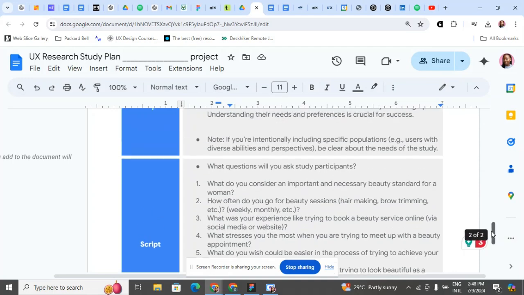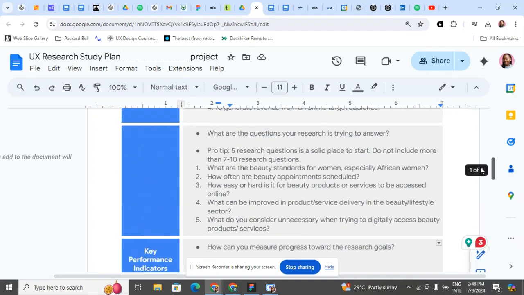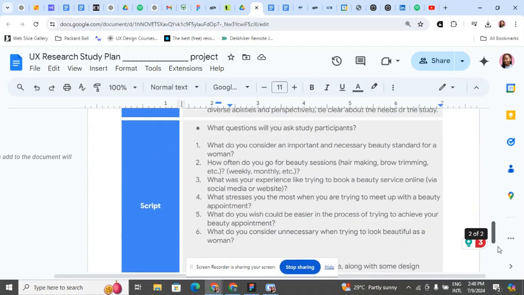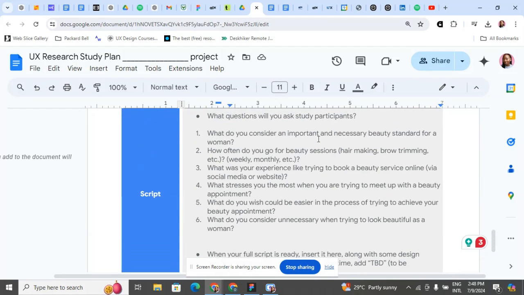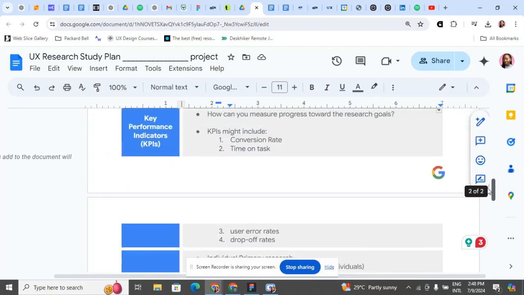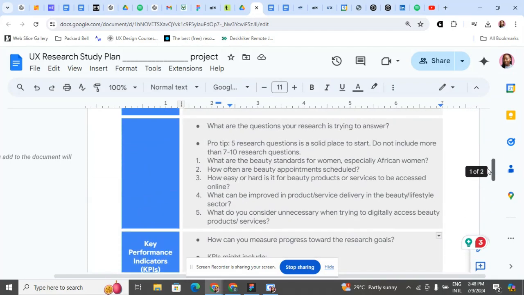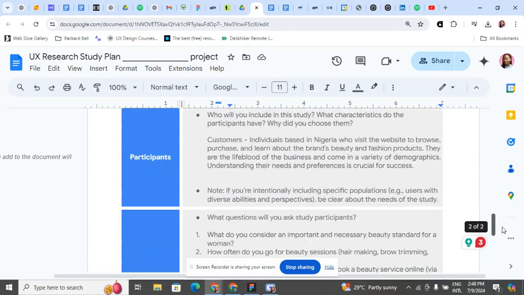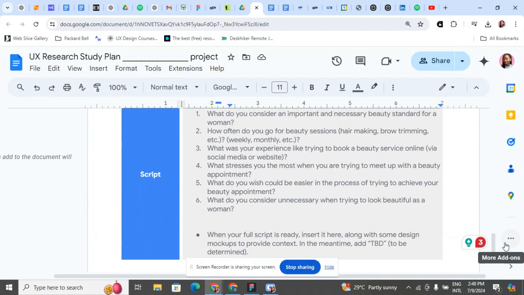Going back to the research questions, if you notice, we used what our research questions offered to point out these questions. And when we're asking these questions, we use what, how, who, and why, because we want the participants to answer in detail.